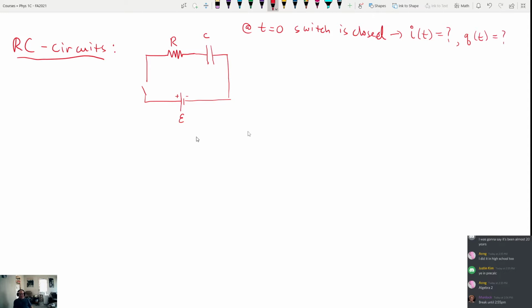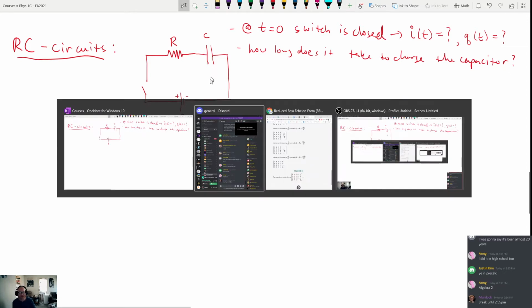And how long does it actually take to charge up the capacitor? That's the other question that we're going to answer, until it's fully charged.